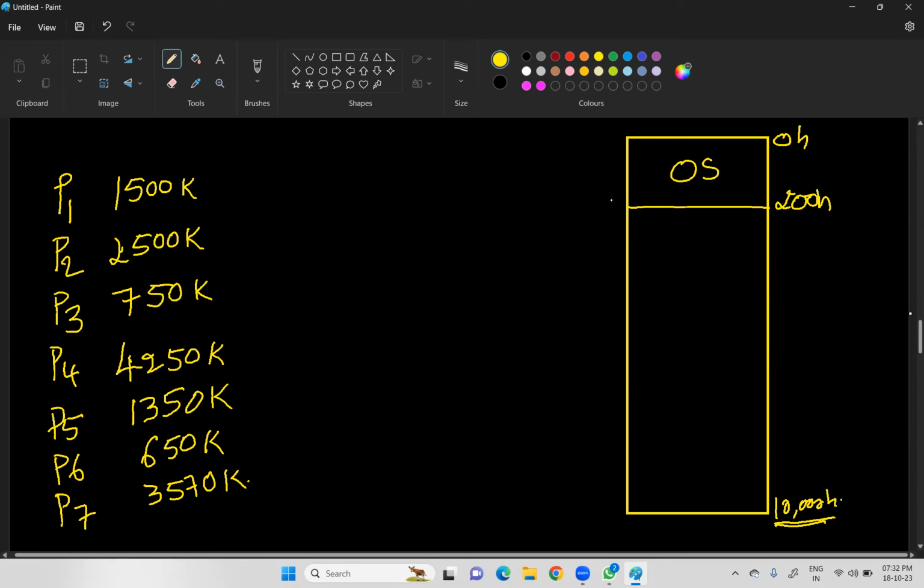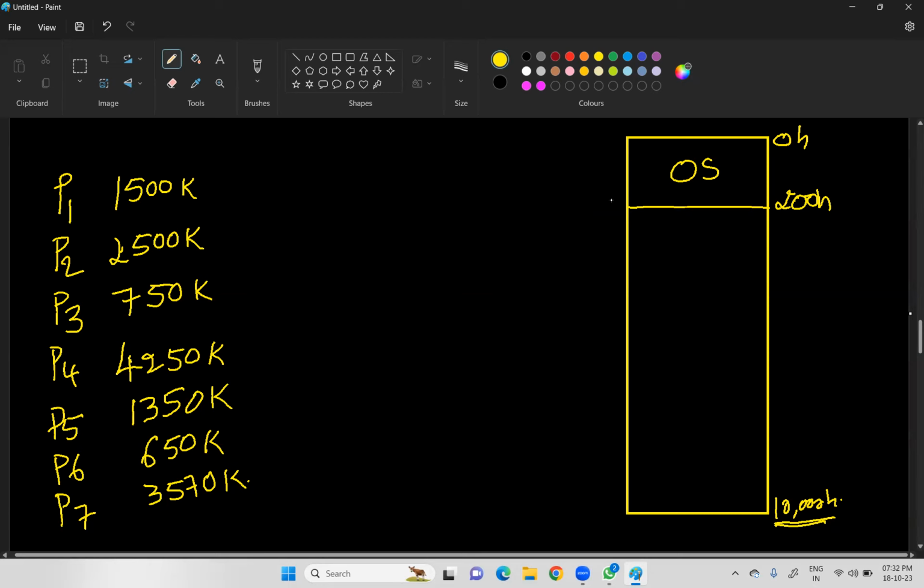So this is what happens when we take allocation into account. Allocation will take place by the operating system, and the entire large hole will be divided into several sub-holes. What are the sizes of each hole? That is based on the allocation of the processes.